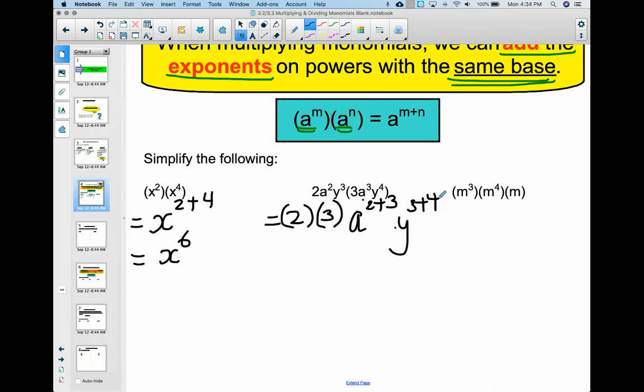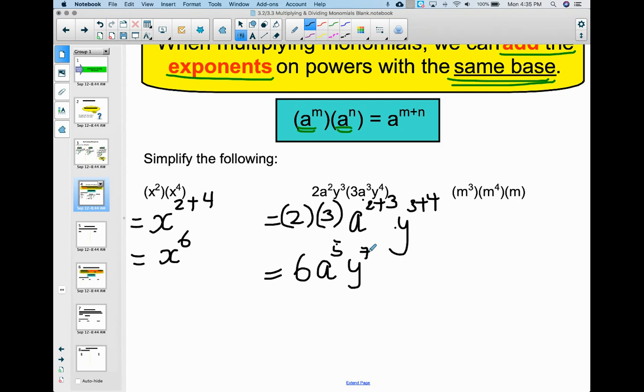The exponents can be added. 2 times 3 is 6, a to the power of 5, and y to the power of 7.